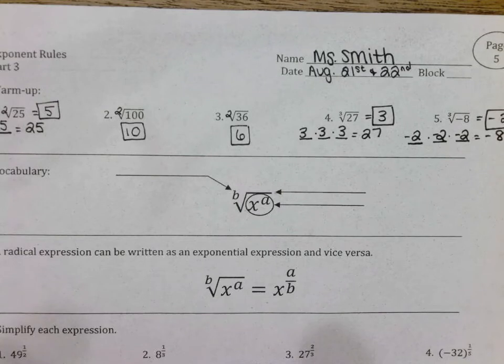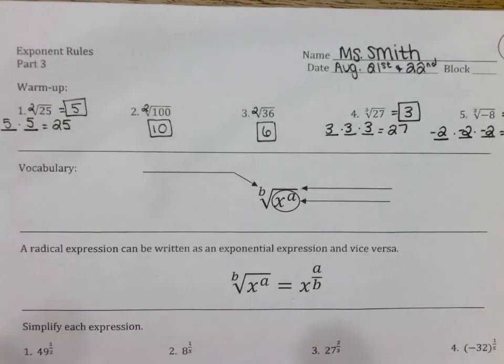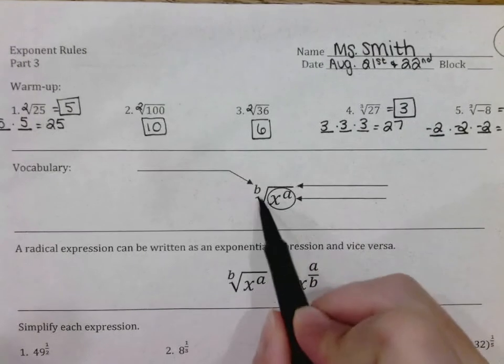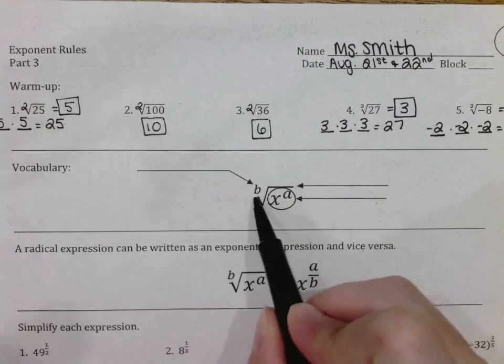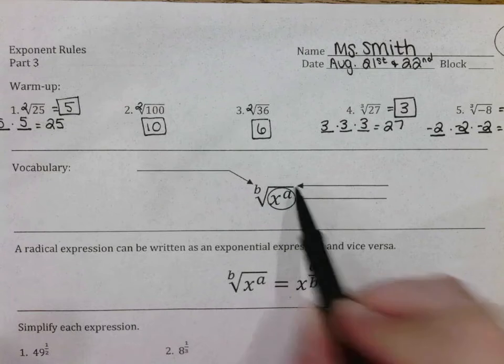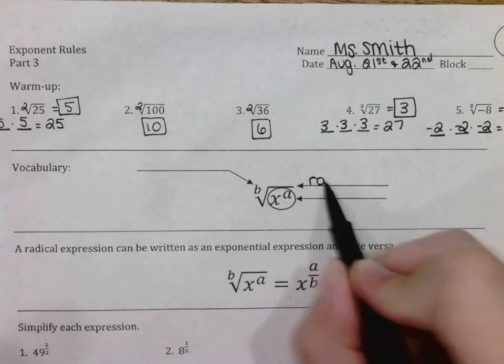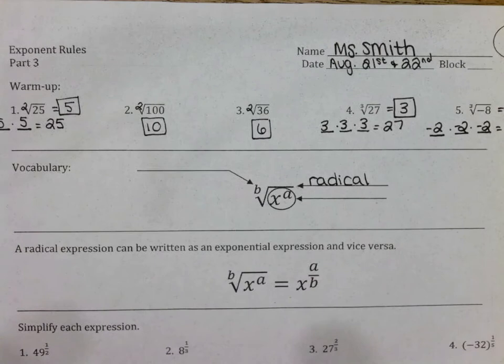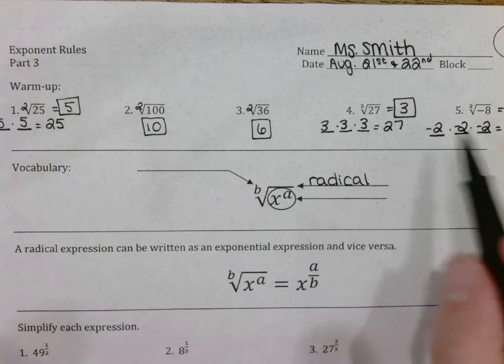Okay, and that brings us into some vocabulary. So the one that y'all probably know before this lesson is this symbol right here, this weird bar-shaped thing. We're going to call that a radical. And sometimes you've heard it called a square root, but in this case, it's not always going to be a square root. We just saw how it was a cube root up here.